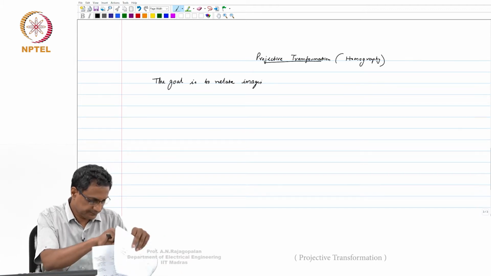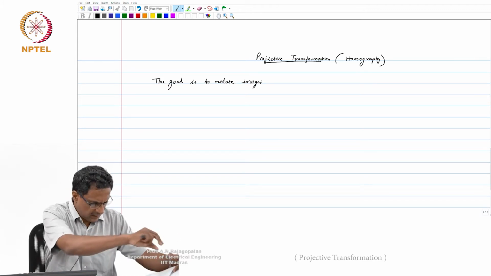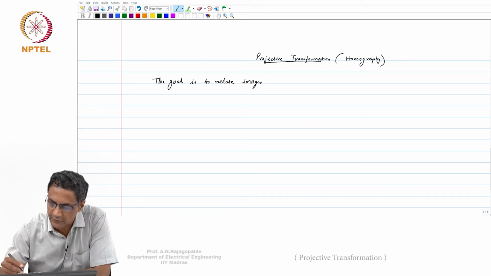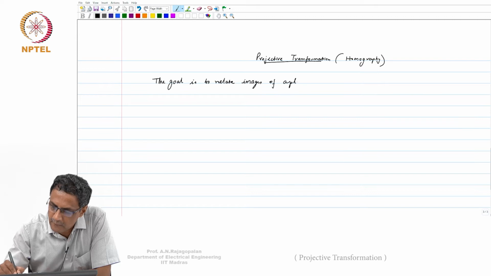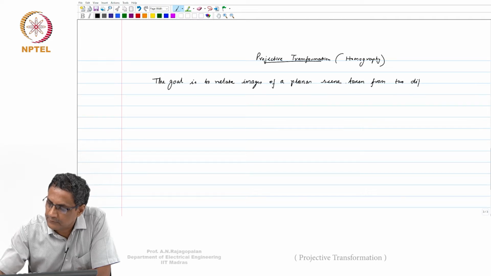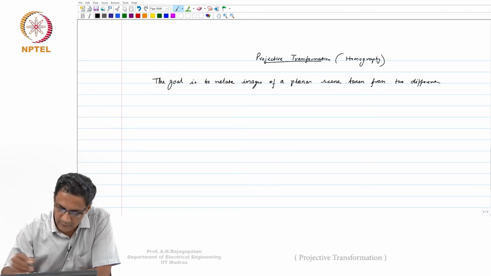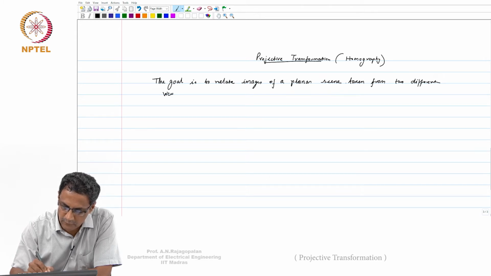So let me write down. Where was I? Yeah. The goal is to relate images of a planar scene, taken from two different views, by a linear transformation.